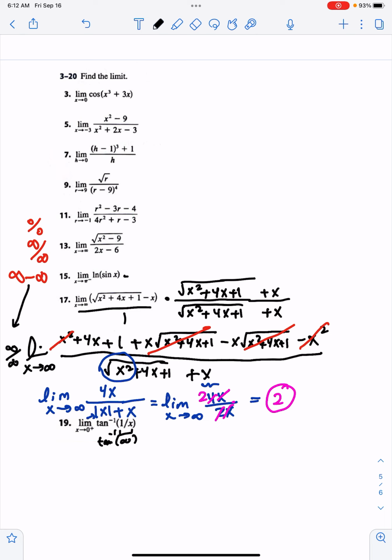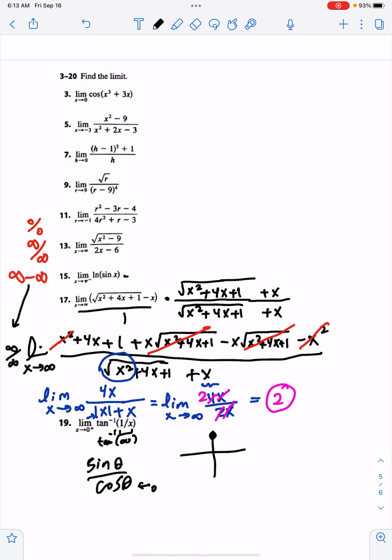So tan inverse of infinity. If you think about positive infinity, the first infinity of tan is what? Tan is sine over cosine, sine of theta over cosine of theta. To be positive infinity means cosine is 0.